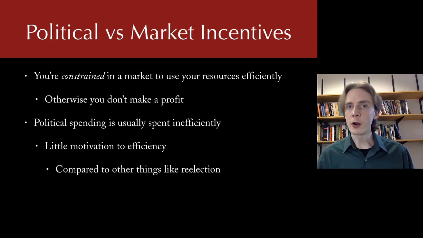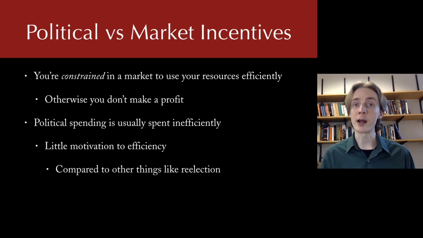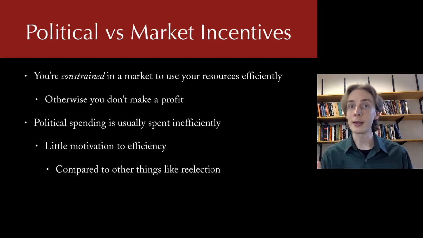All the incentives are to campaign for re-election and to maybe funnel money toward interest groups that'll help you with re-election. Right? That's very different than an economic problem where you're trying to maximize the needs that you satisfy with a given amount of resources. Right? So again, there's kind of a divergence in interests here. Right? The incentives are such that there is not an incentive to spend those resources efficiently.